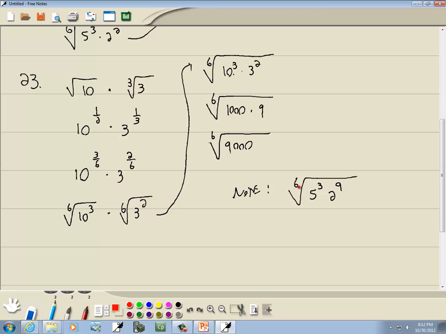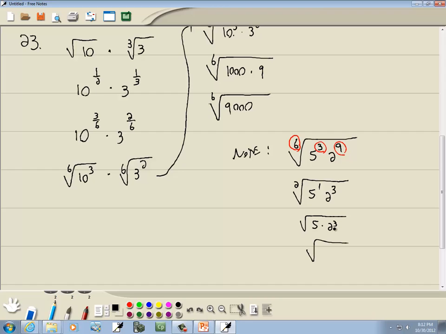We've got a property that says if you can divide this number and this number, all your index and all of your powers inside, all of them, by the same number, do so. Well, these are all divisible by 3. 6 divided by 3 is 2. 3 divided by 3 is 1. 9 divided by 3 is 3. Which then just gives us the square root of 5 times 2 to the third, like that.